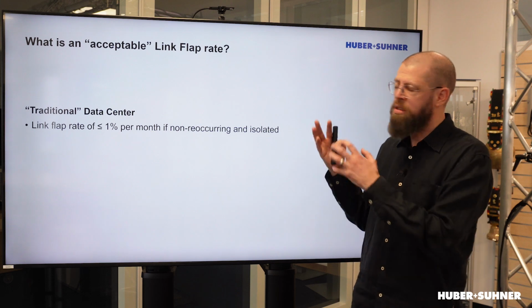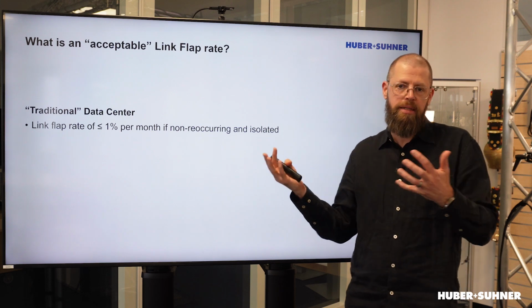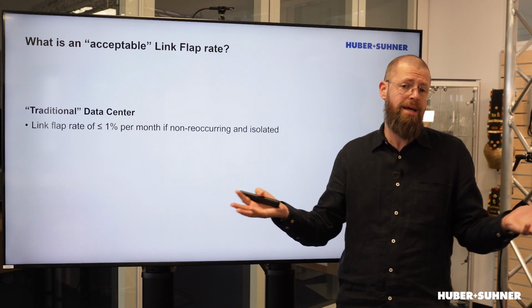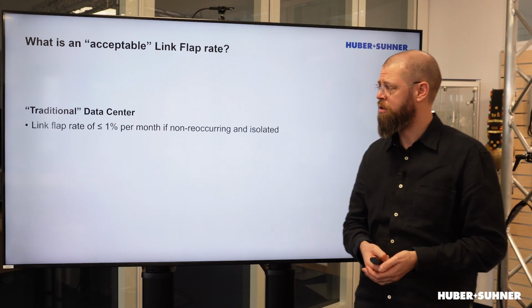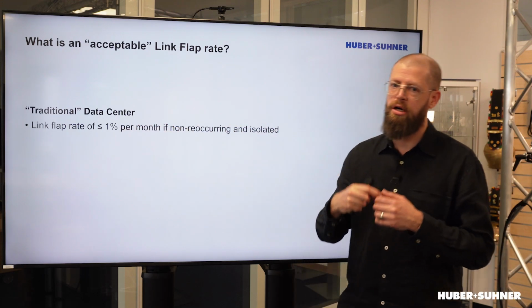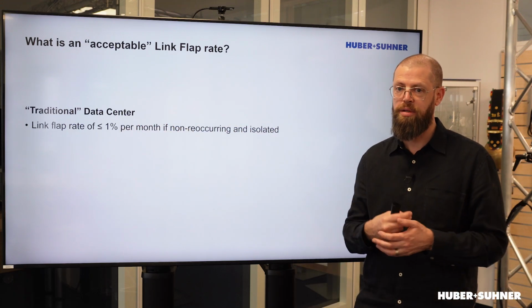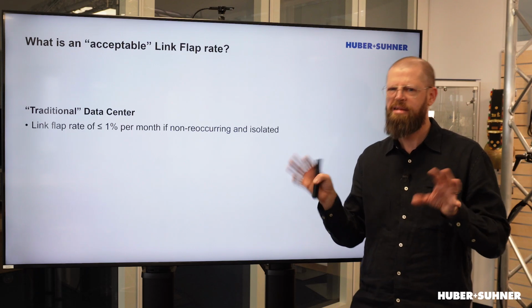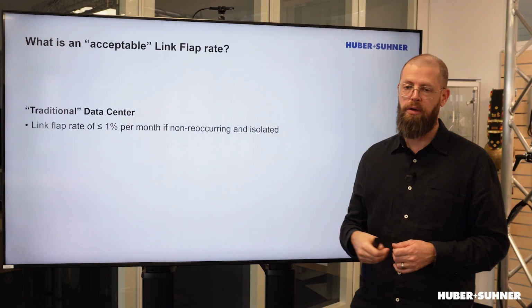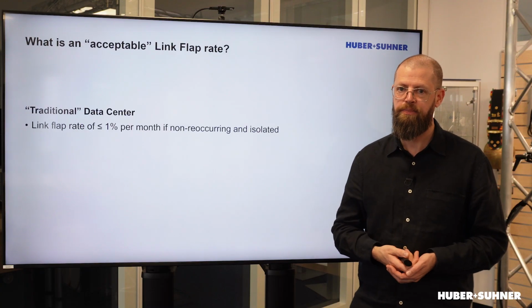So what is an acceptable link flap? Ideally we would have no link flaps at all, but realistically speaking, that's not possible. In a traditional data center, a link flap rate of equal to or less than 1% is considered acceptable if it is a non-recurring and isolated event.